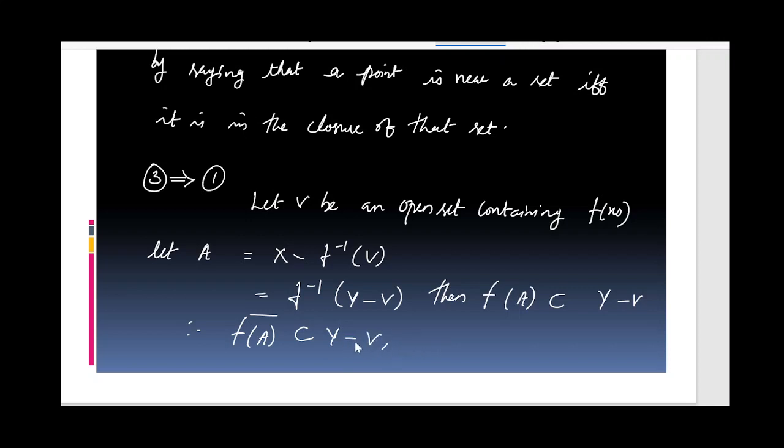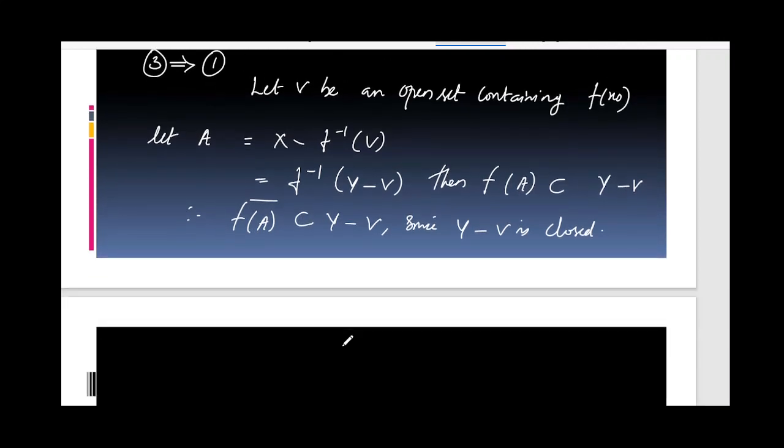Since V is open, Y minus V is closed, so we are having f of A closure is contained in Y minus V. Now f of x naught does not belong to f of A closure.